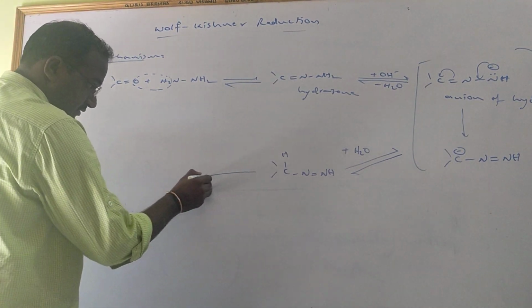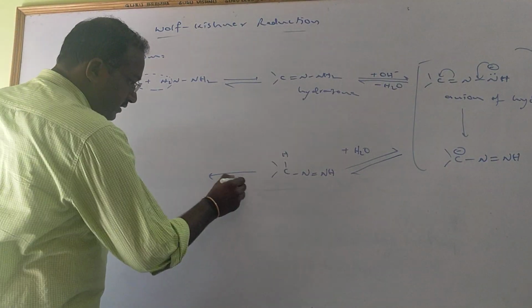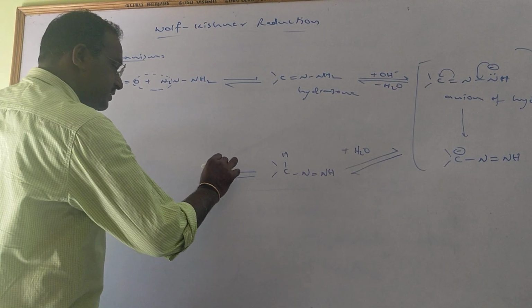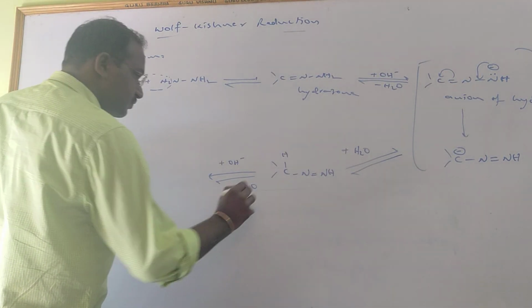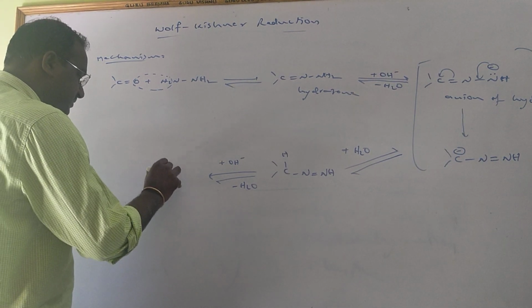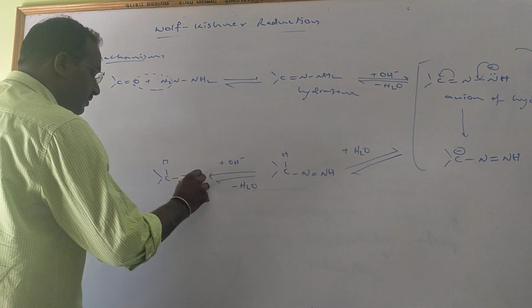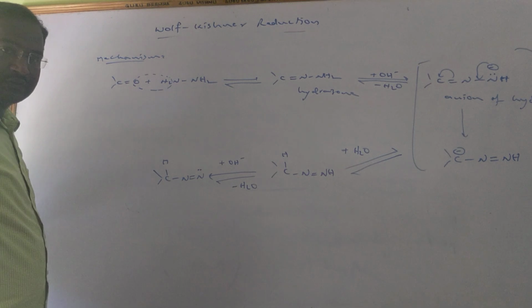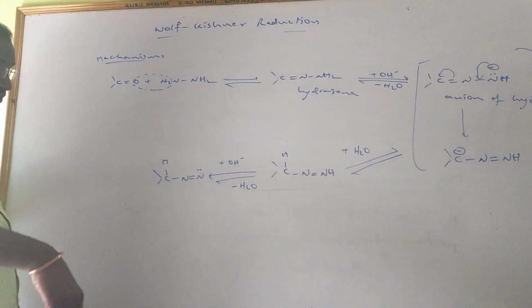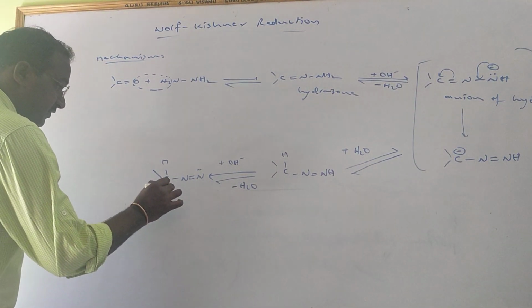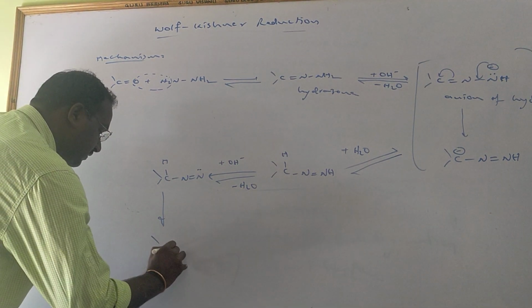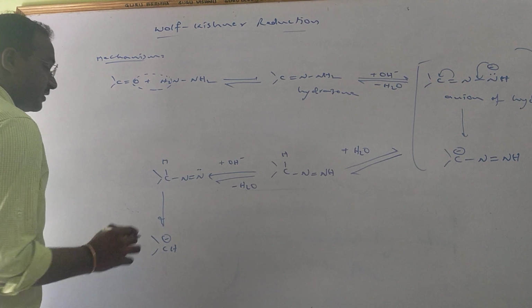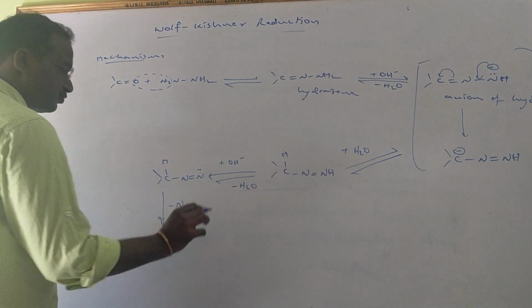And further, once again by the base, loss of H2O takes place and we get CH N double bond N with a lone pair. One more hydrogen will be eliminated, and after that, it converts into CH minus by the loss of N2.